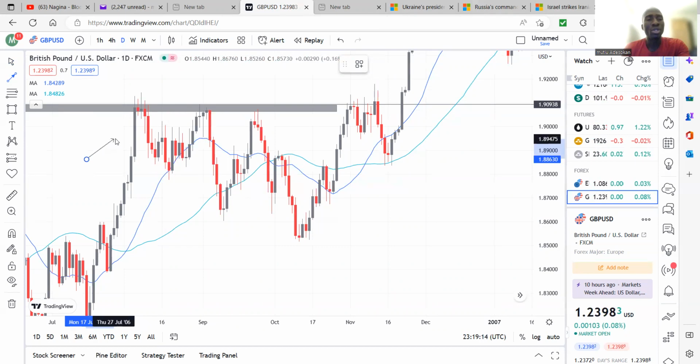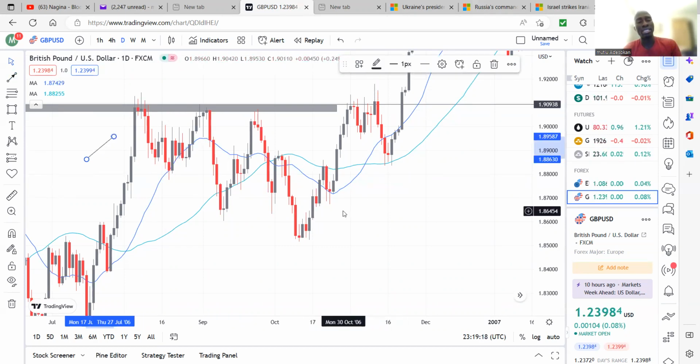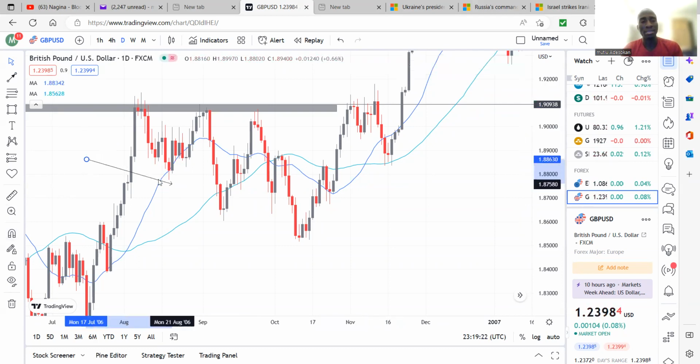Now, according to the textbook, the normal way to trade a double top is when price breaks below this neckline. Now, price did actually break this neckline and gave us this thick bearish candlestick. But look at what actually happened.